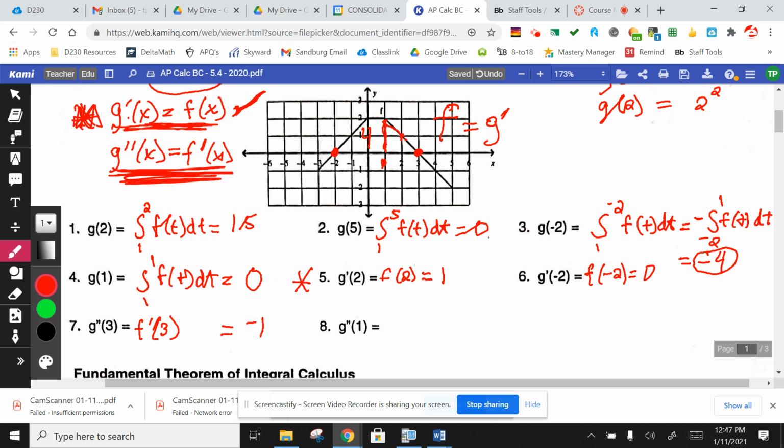All right, good. Last one. So this should now be f primed of 1. Write down what you think that answer is going to be. All right. Isn't that now asking you for the slope of f?